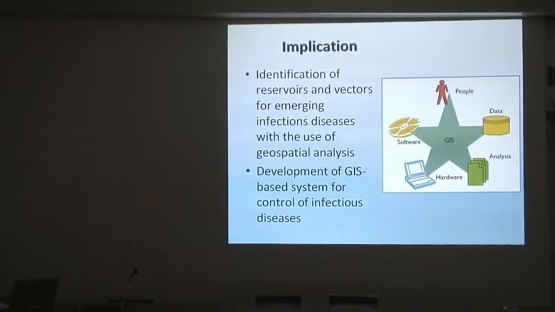My project will have implications: identification of reservoirs and vectors for emerging infectious diseases with the use of geospatial analysis, development of a GIS-based system for control of infectious diseases, to forecast epidemics, and to develop some kind of measures.